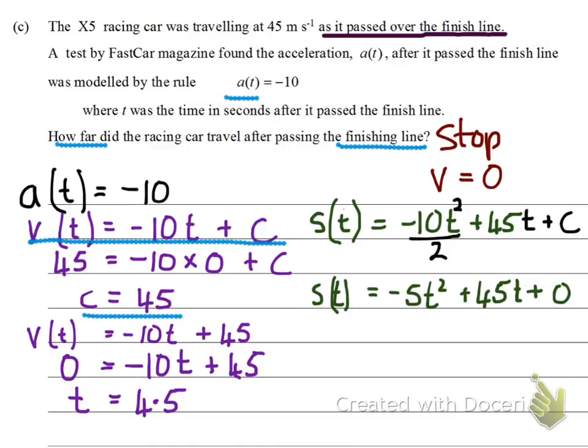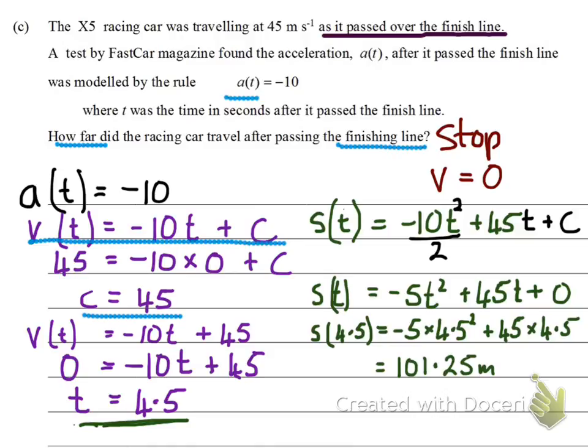Obviously 0. So we then put 4.5 into our equation for the time to find the distance. So substituting 4.5 for t, we find the distance is 101.25 meters. That will give you relational thinking.